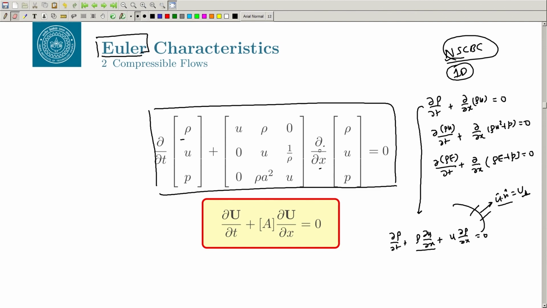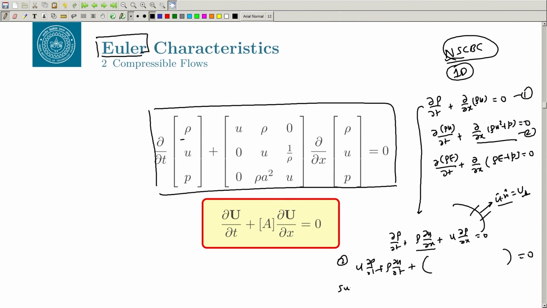The second equation, you have to use both the continuity equation, equation 1, and the momentum equation. So, you can basically expand the momentum equation, the second one, and you can write u ∂ρ/∂t + ρ ∂u/∂t, plus you have to expand this other term also, equal to 0, and then you have to subtract equation 1.